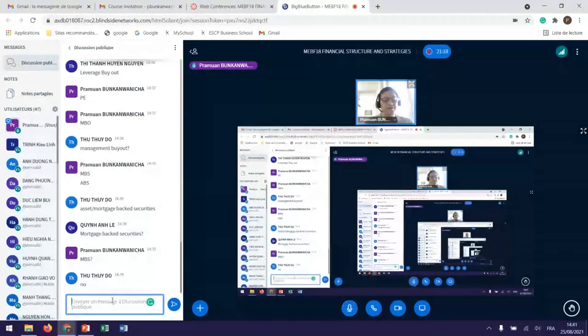MBS is very common in the US, okay, and this MBS played a very important role in the crisis of 2009, where many MBS used subprime mortgage loans to back up the security, and then these subprime loans that backed the security turned out to be very bad.